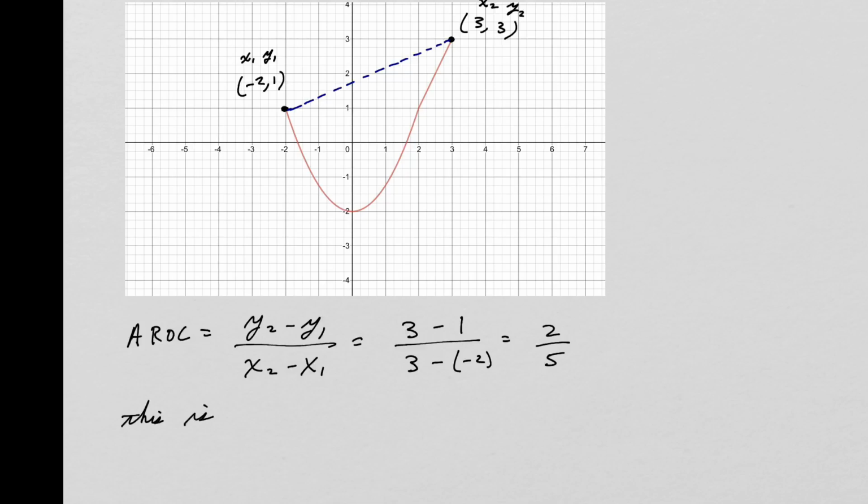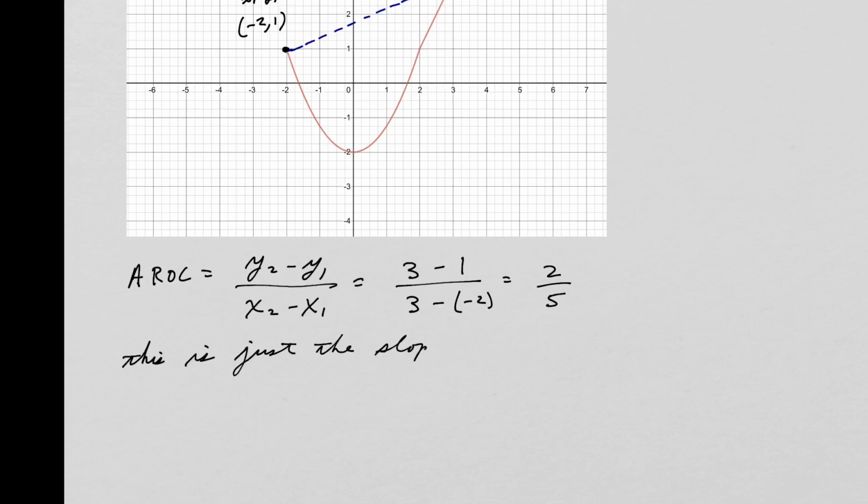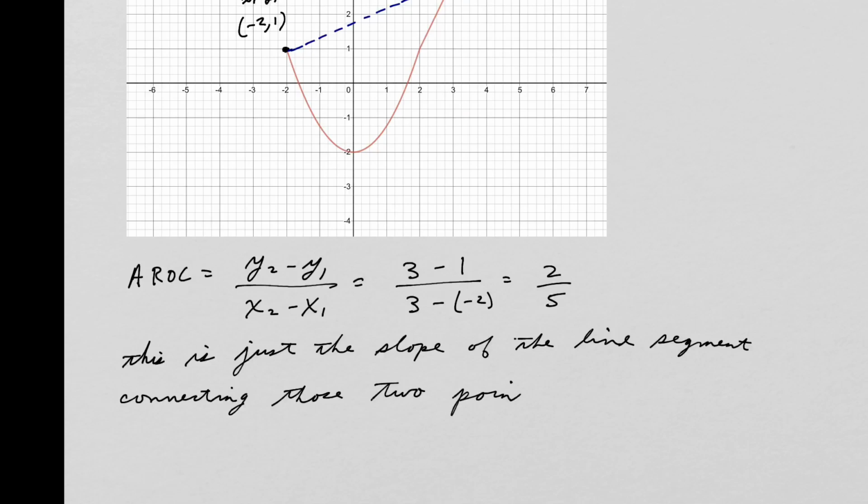This is just the slope of the line segment connecting those 2 points. Okay, so the average rate of change is really just a slope.